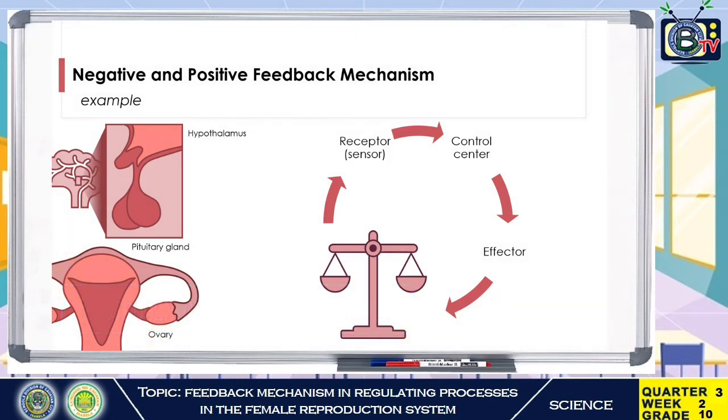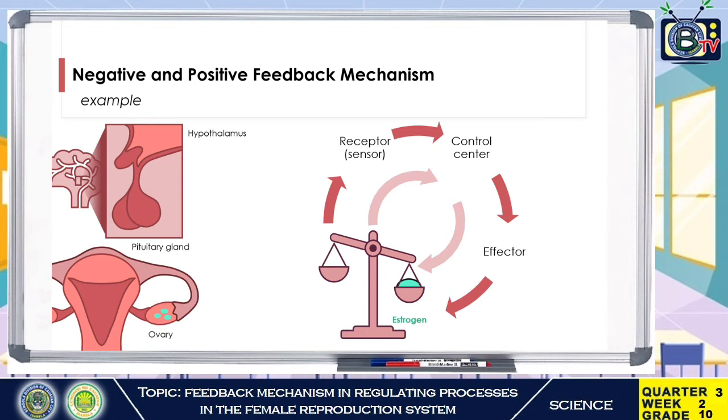During the menstrual cycle, specifically before ovulation, small amounts of estrogen are secreted from the ovaries. This small amount of estrogen is enough to trigger the release of two other hormones, GnRH from the hypothalamus and LH from the anterior pituitary.